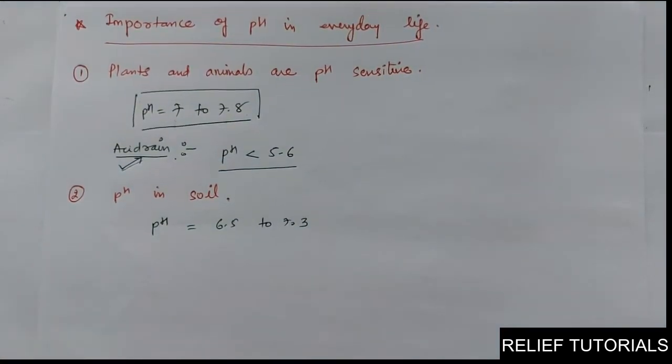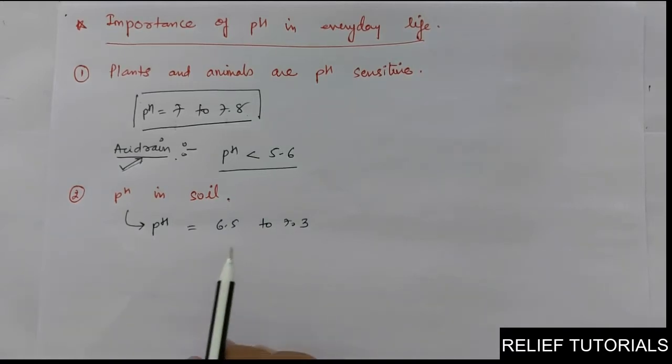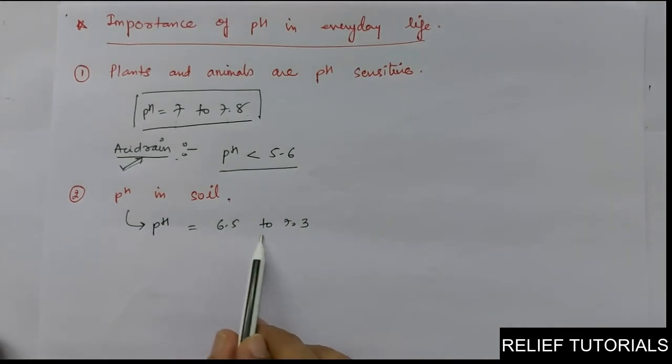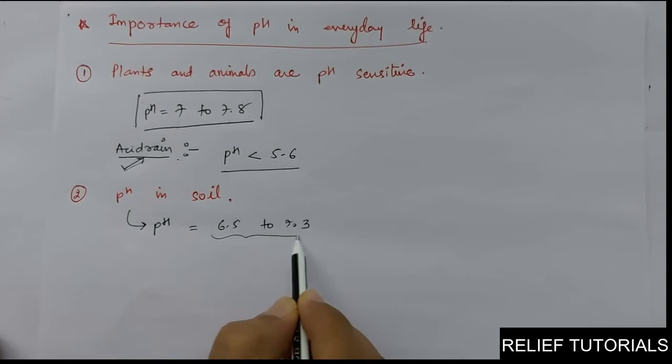This range of soil pH is a healthy range, and in such soil plants can grow easily and healthily. So for better growing of plants in our agricultural land, backyard or garden, we require the pH of the soil to be between 6.5 and 7.3. So I think it's nearly neutral.